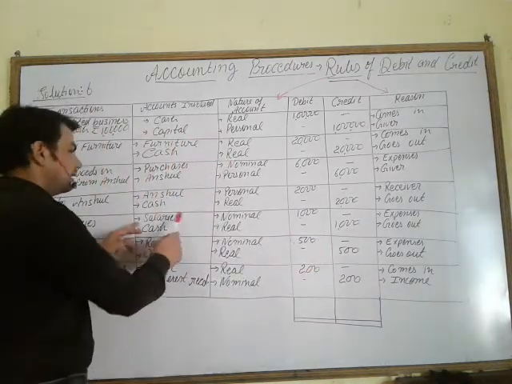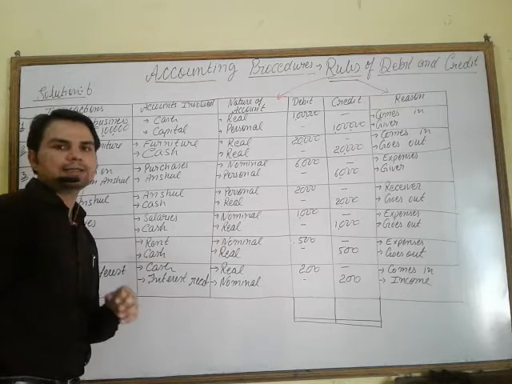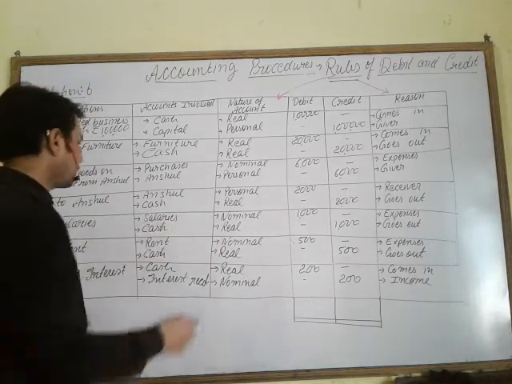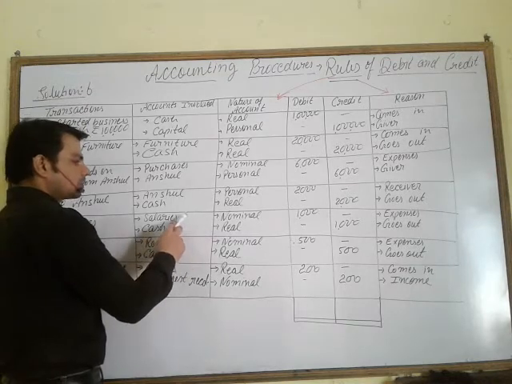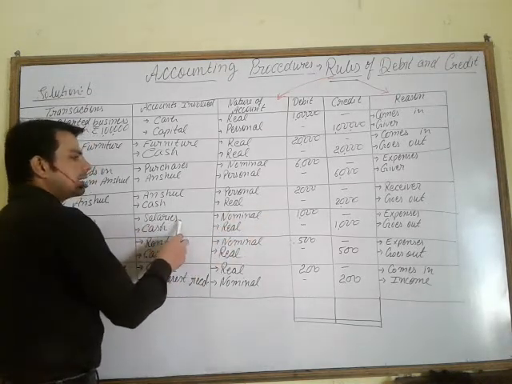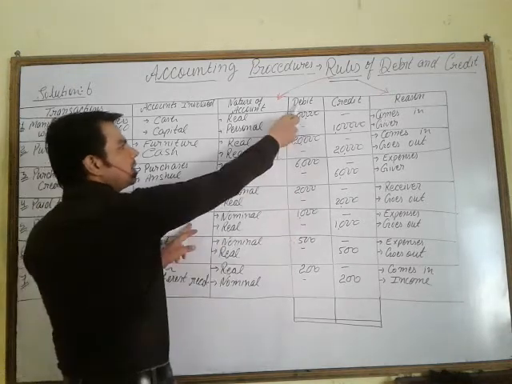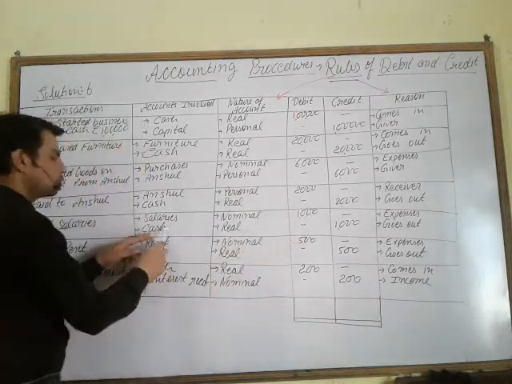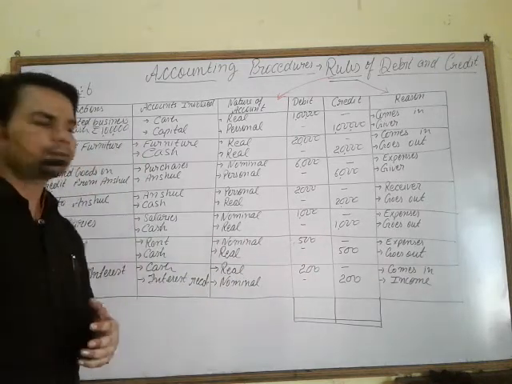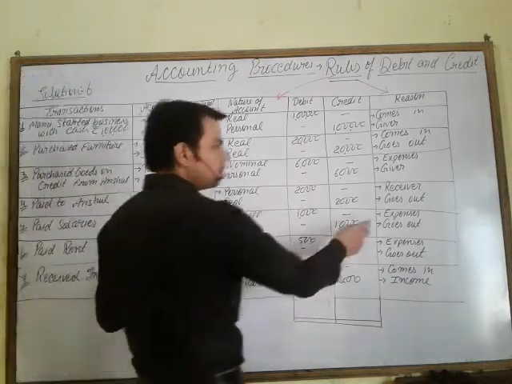Now, salary's nature is nominal account, as well as, according to the modern approach, it is expense. And cash is a real account. So debit the salary and credit the cash. Journal entry will be salaries account debit to cash account. To cash account means cash is credited. Reason you have mentioned here.